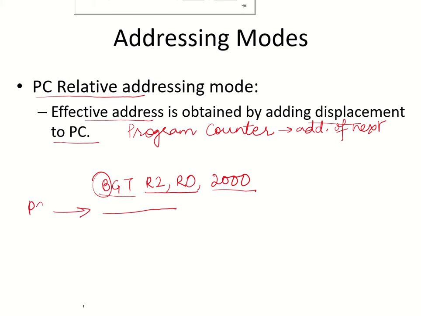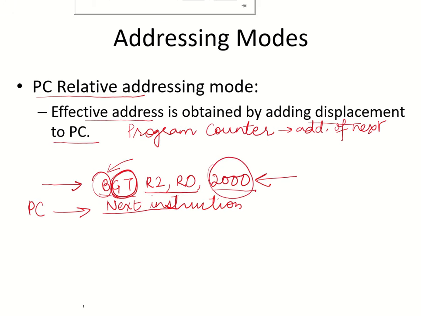The PC is already pointing to the next instruction, whichever instruction this could be. So the PC is already there while this instruction is being executed. And this instruction says that there is a branch. If some condition is satisfied, then I have to branch to this memory location.